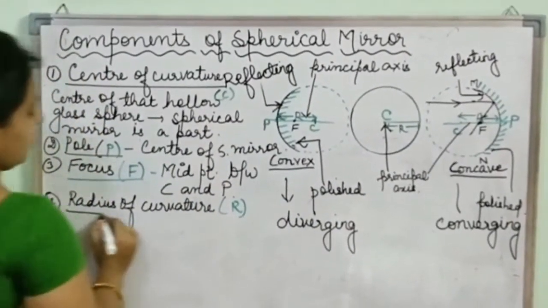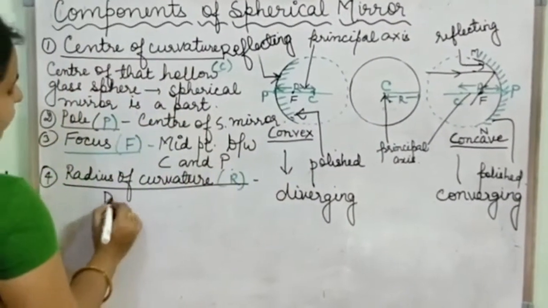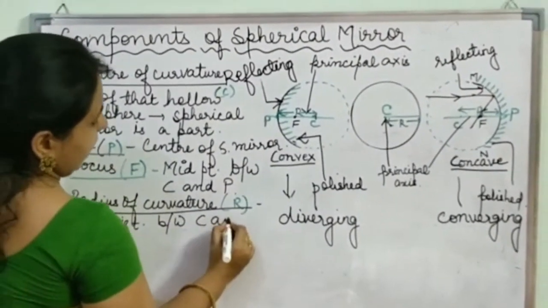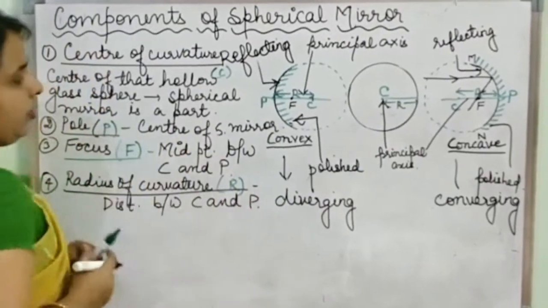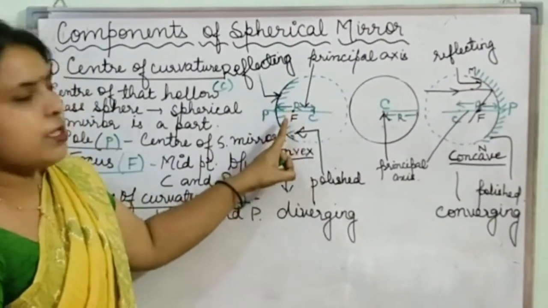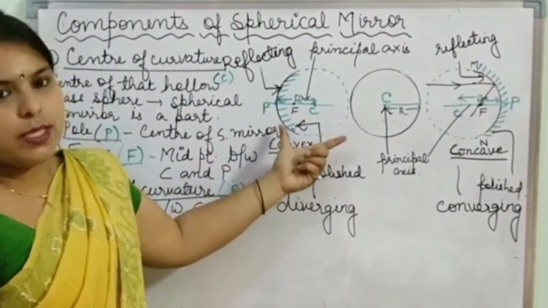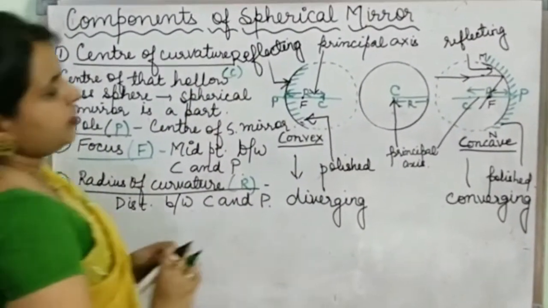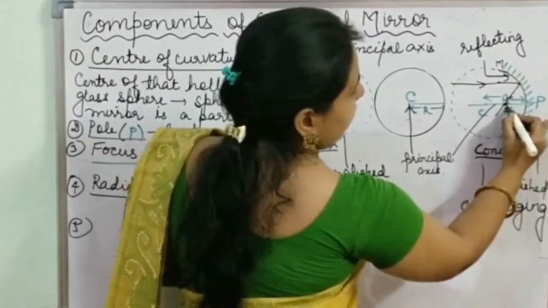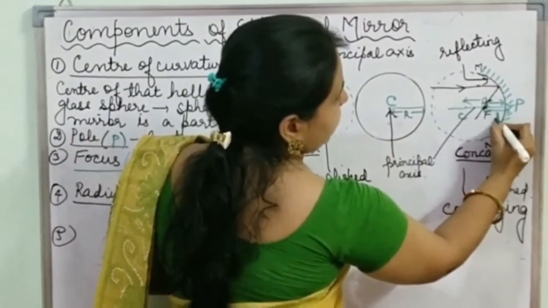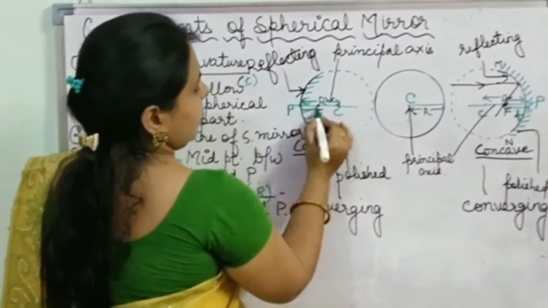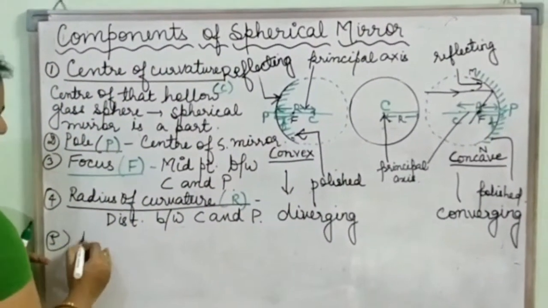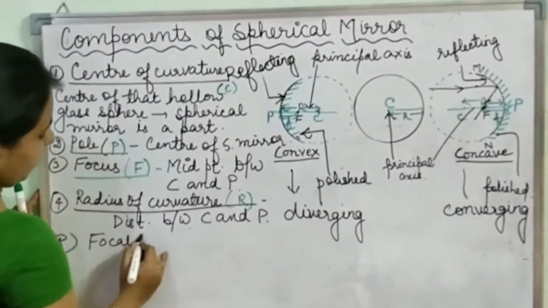What is the radius of curvature? It is the distance between C and P. The midpoint between C and P is the focus. The distance between C and P is the radius of curvature. Fifth component: the distance between F and P is represented by small f, and that is called the focal length.